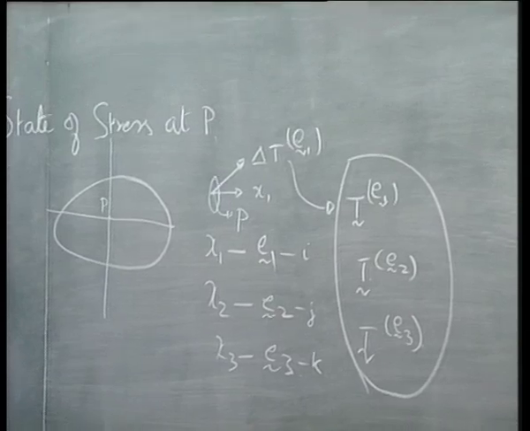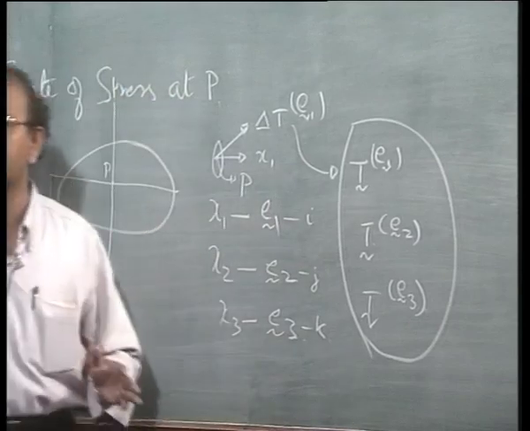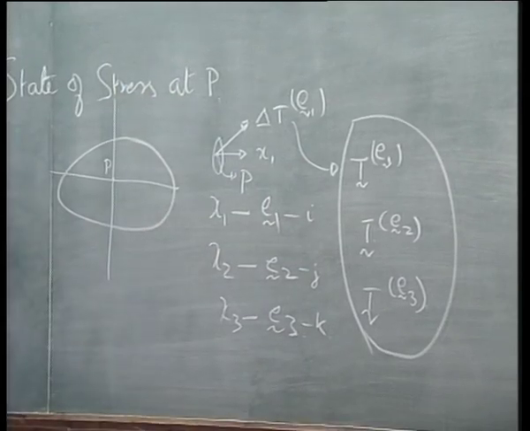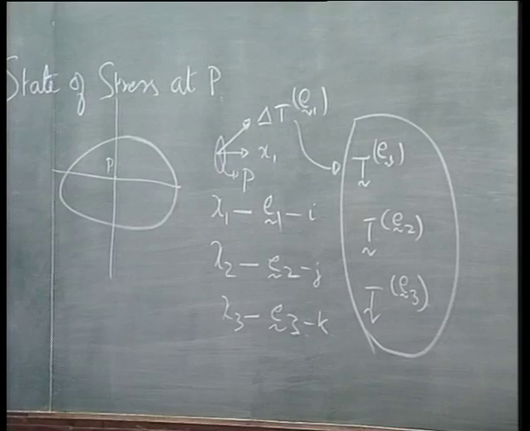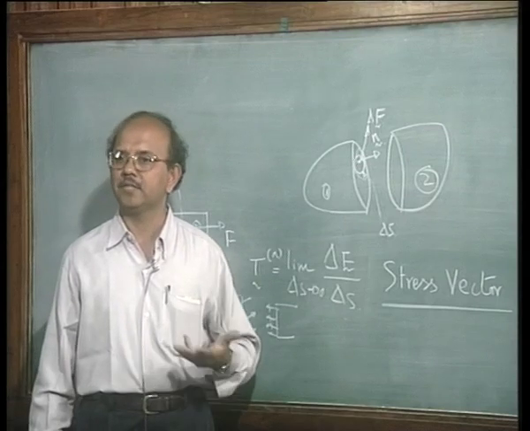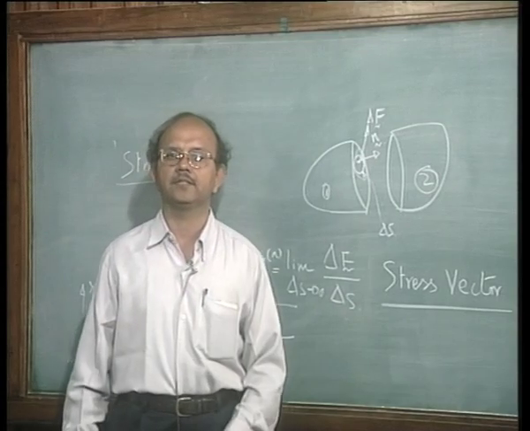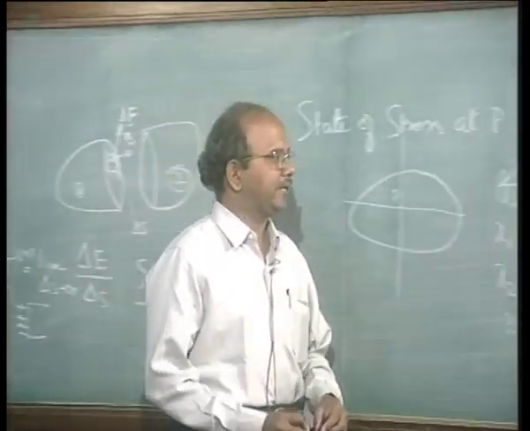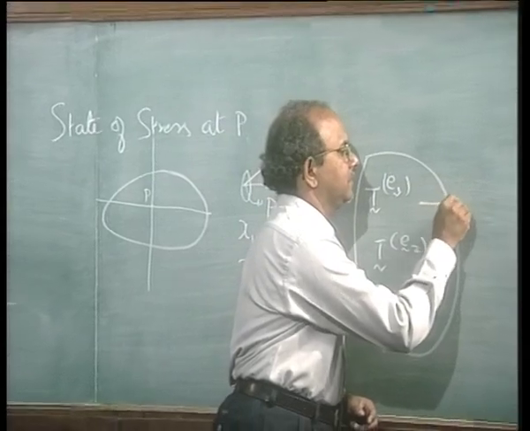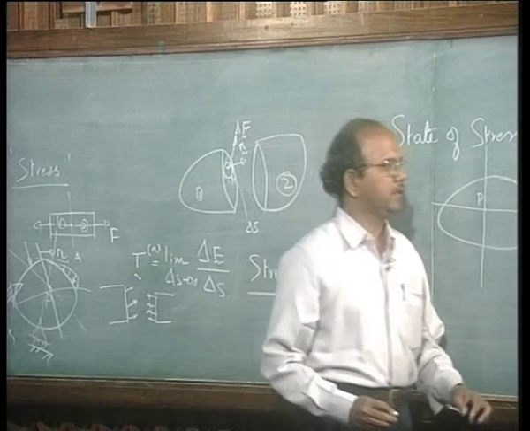Is that clear? Okay. So as soon as you see a vector, what comes to your mind? You say that this vector can be resolved in 3 directions. So I can resolve this vector in 3 directions, so that I can write this as, how do I write?